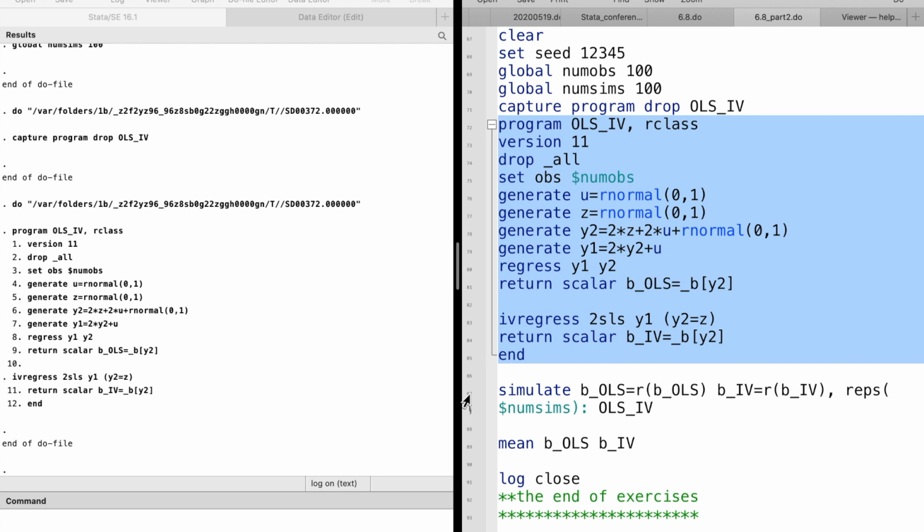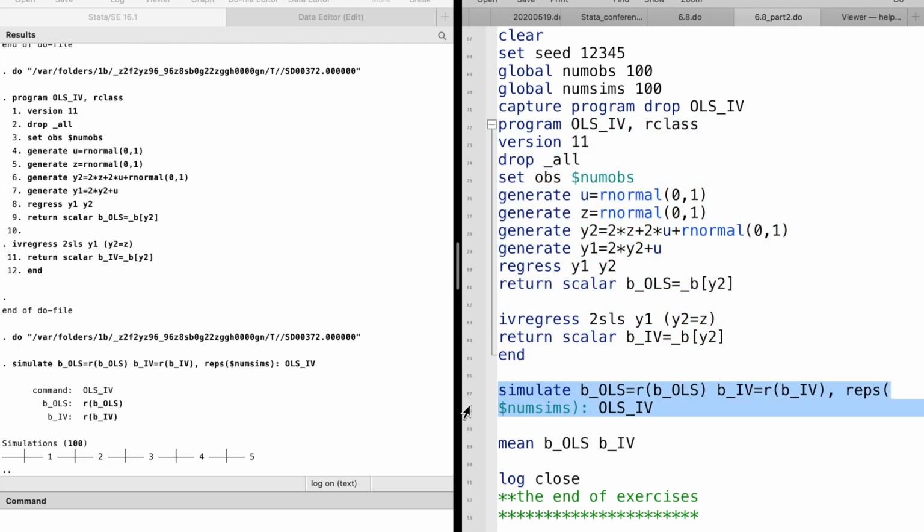Next, we run the instrumental variables regression by two-stage least square using Z as the instrument for the endogenous variable Y2 and store the estimated coefficient in scalar BIV. We use the simulate command to repeat the program 100 times.